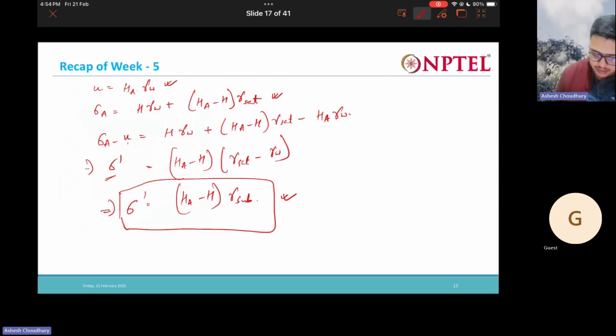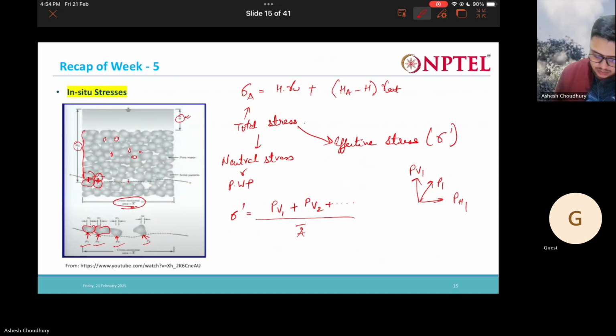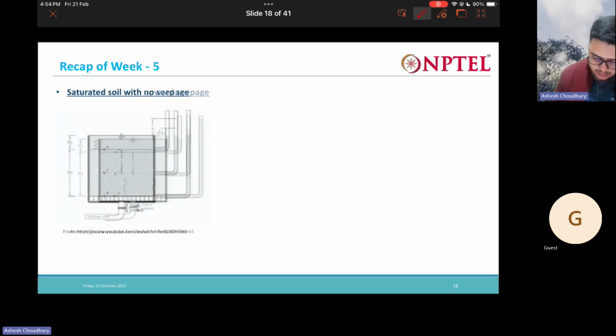So if we want to compare with this, H into gamma W plus HA minus H times gamma sat.